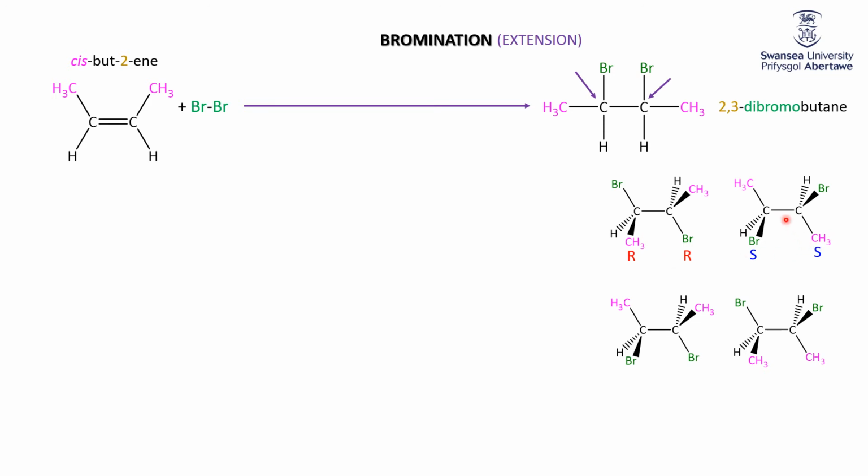And these, if I'd drawn them in a different way, you would actually see are enantiomers, because of course R when reflected becomes S, R when reflected becomes S.